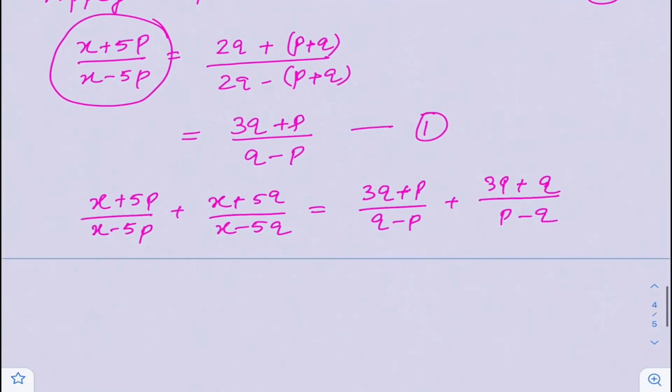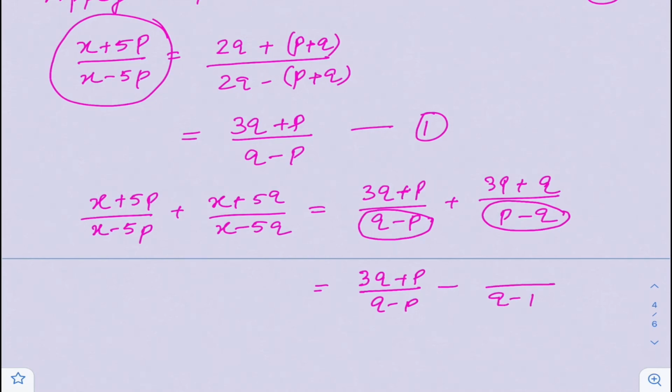Now here there is a little confusion, that here it is q minus p and here we have p minus q. These look the same, with only a difference of minus 1. So what we can do is let the first ratio be the same, but in the second ratio take minus common from the denominator so that the denominator becomes the same in both ratios.